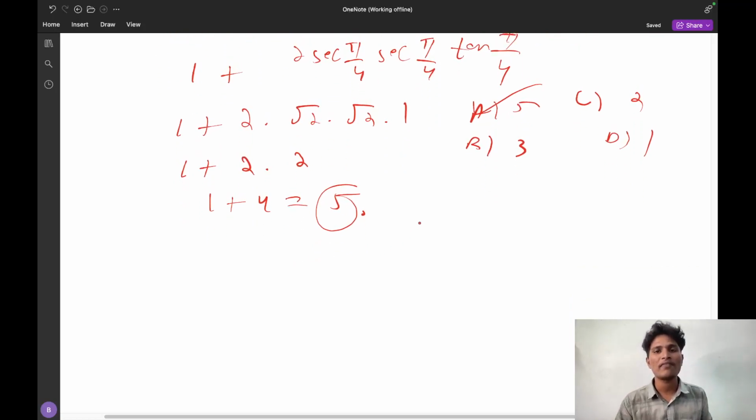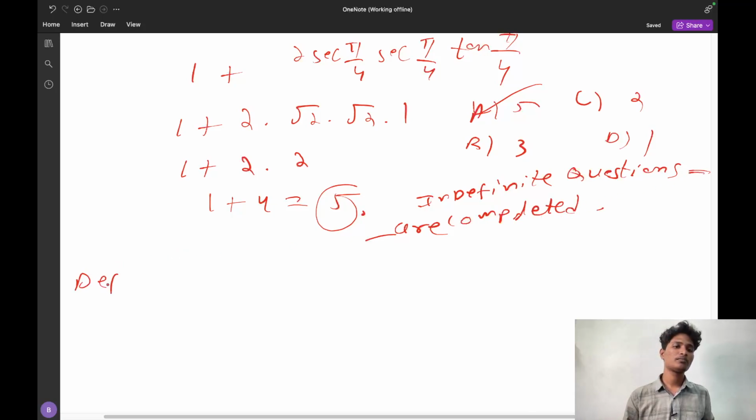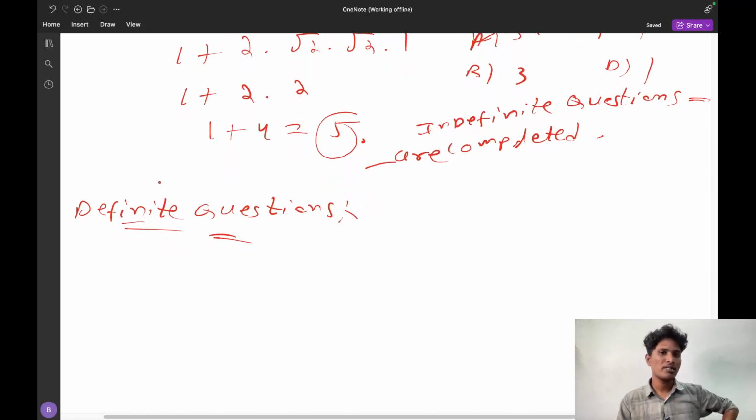So up to now the indefinite integration questions are completed. Now I will discuss the definite questions, that is the definite integration.